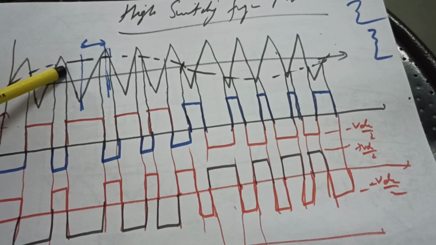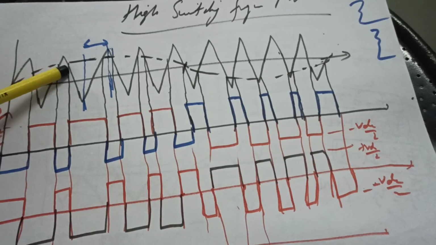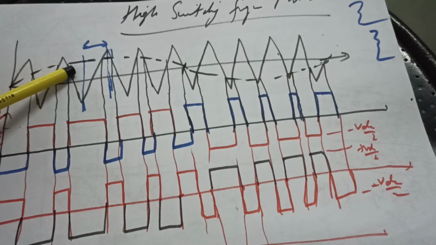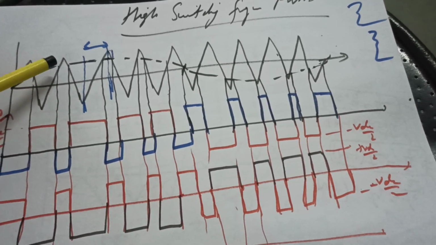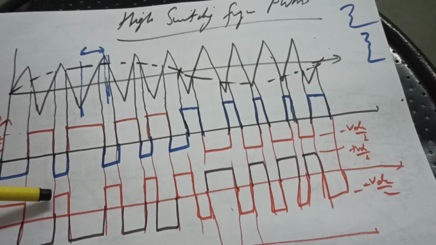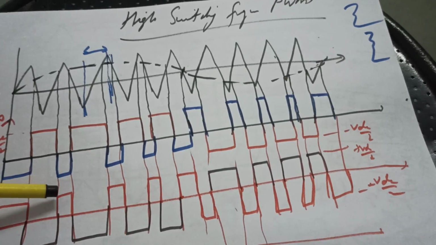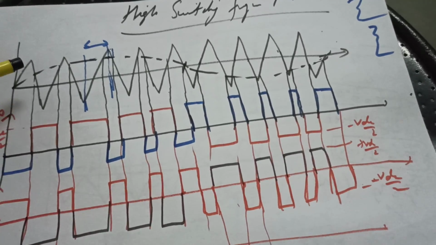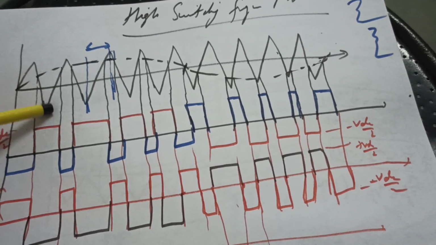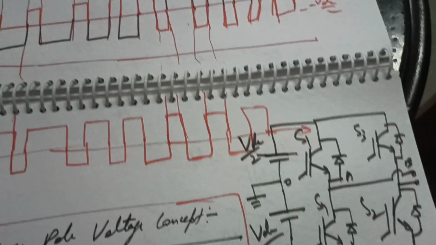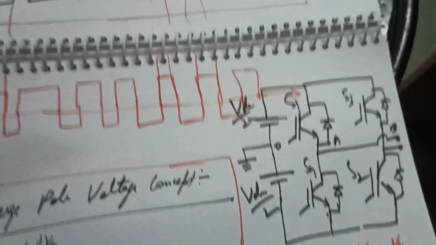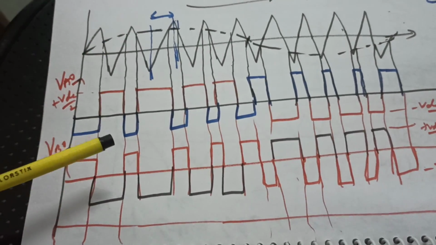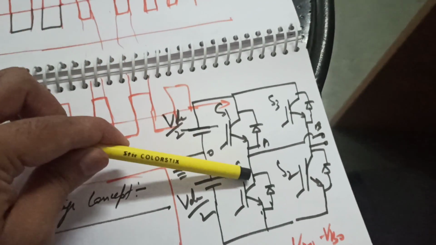When the sinusoid is less than the triangular carrier wave, then at the same time the other two devices, S3 and S4, will be fired. So when the sinusoid is greater than triangular, S1, S2 will conduct. When the sinusoid is less than triangular, obviously S3, S4 will conduct.